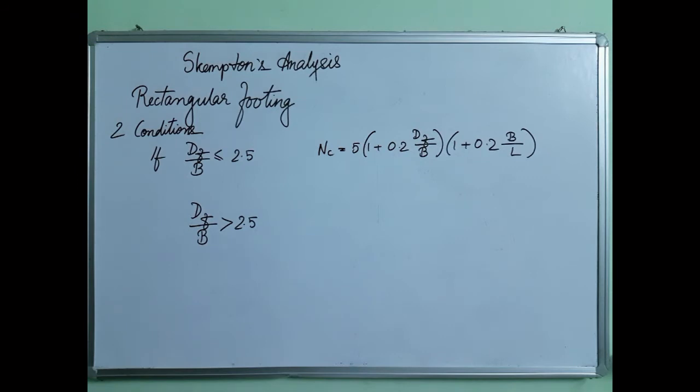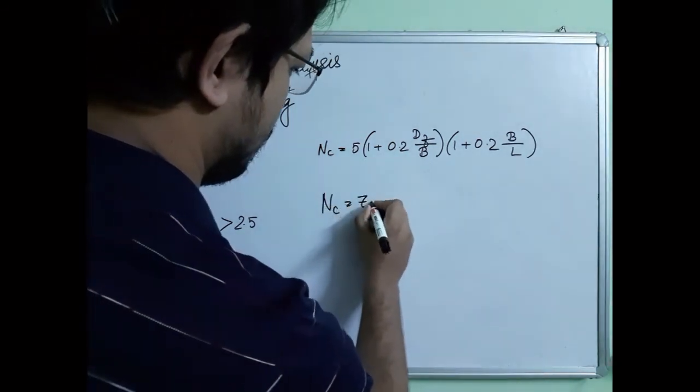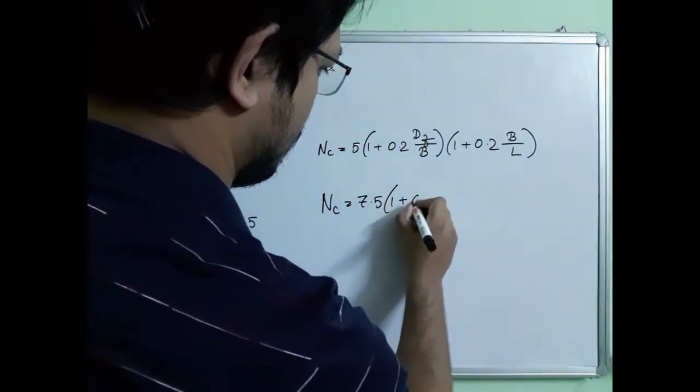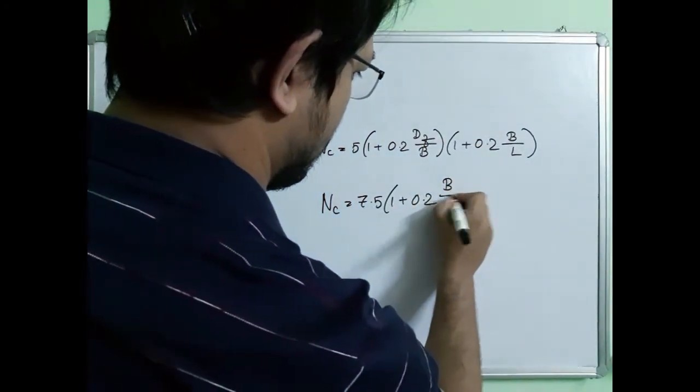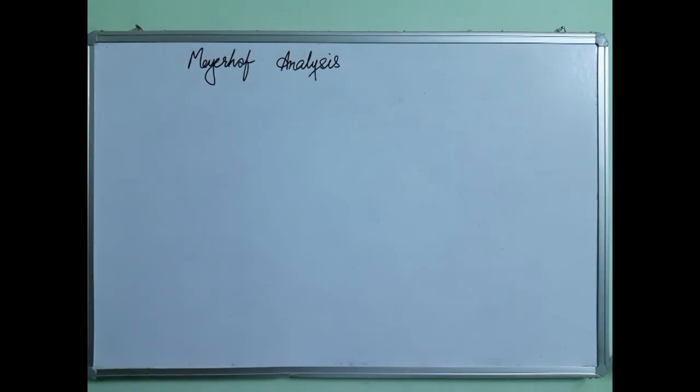Now, if Df by B is greater than 2.5, it will be 7.5 into (1 plus 0.2 B by L). So that was all about Skempton's analysis.